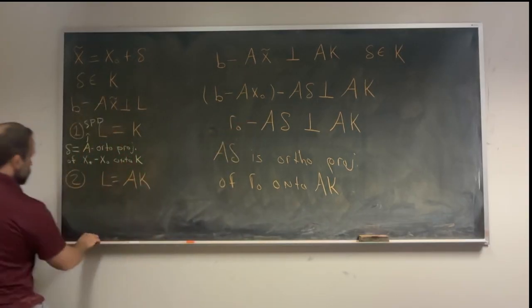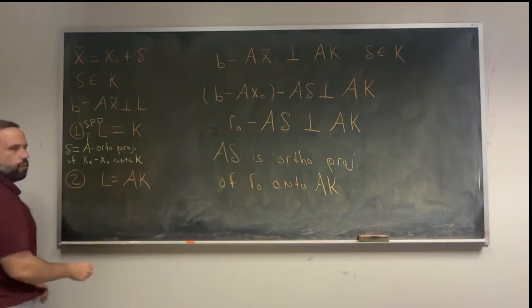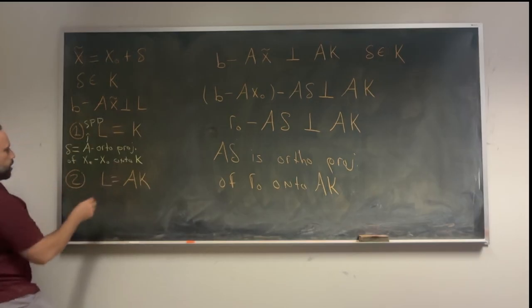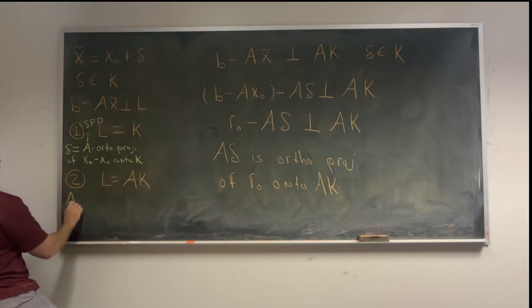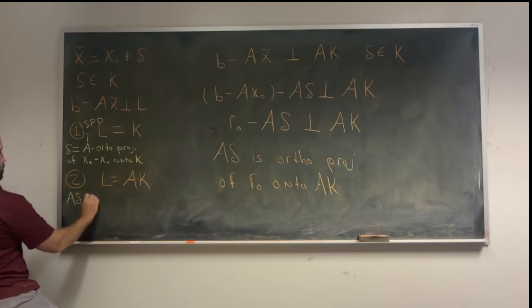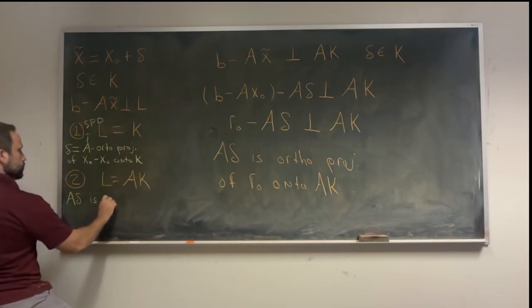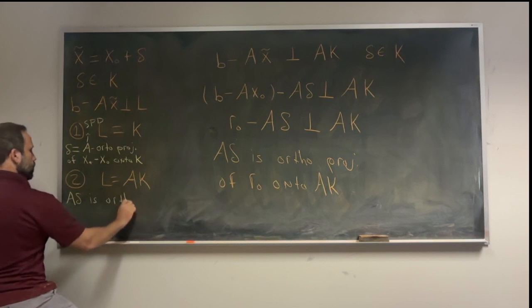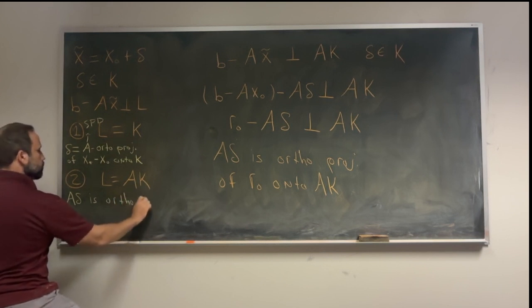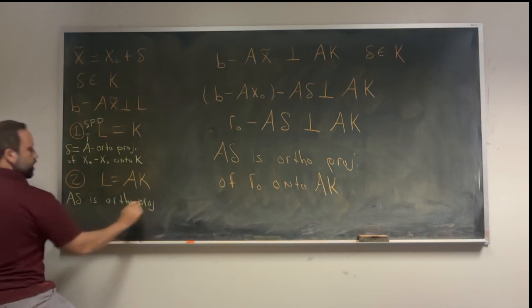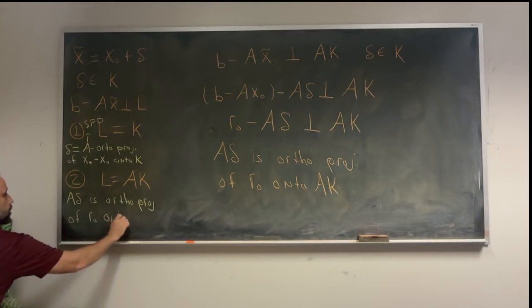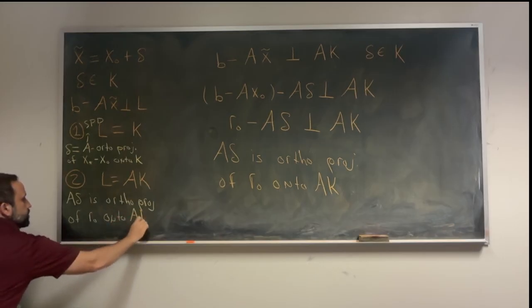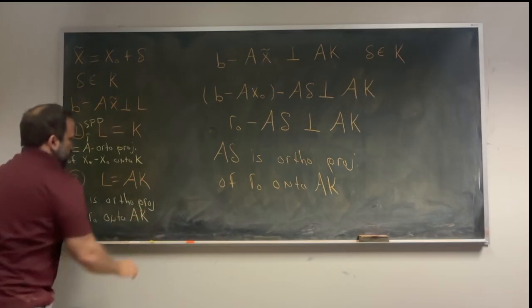Essentially what we're going to find out here is we don't need many requirements on A. If I don't specify the inner product, it just means the standard one. The orthogonal projection of the residual R naught onto the subspace AK.